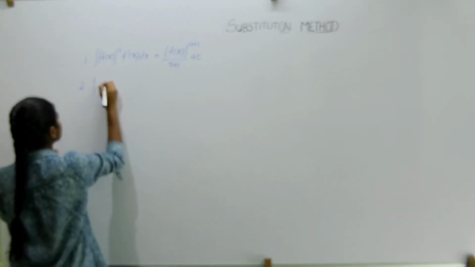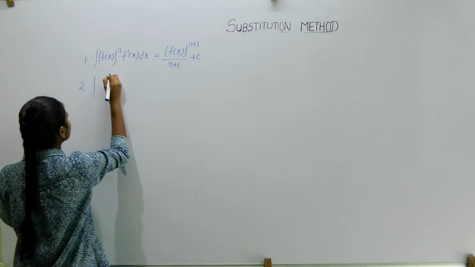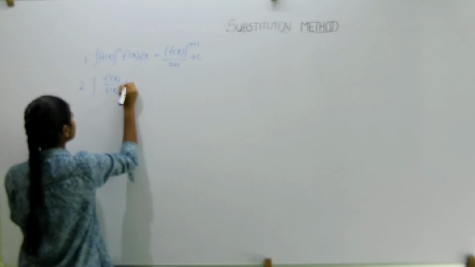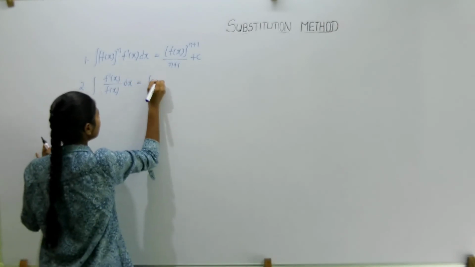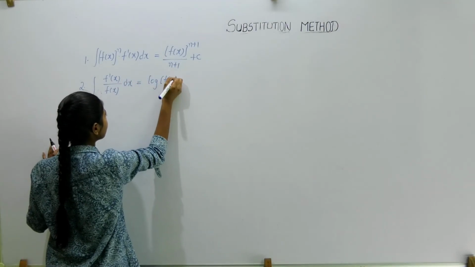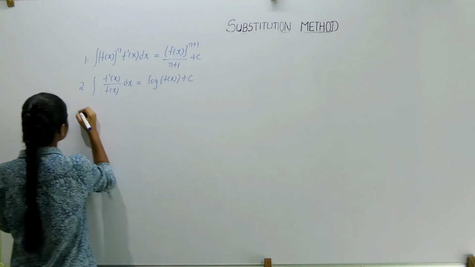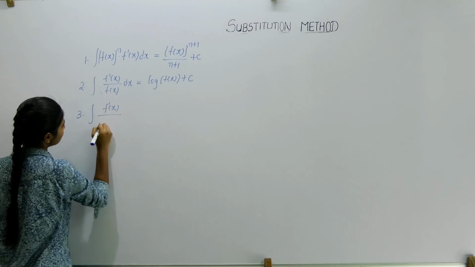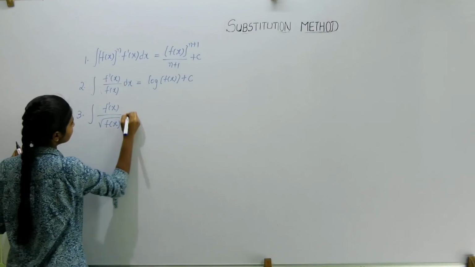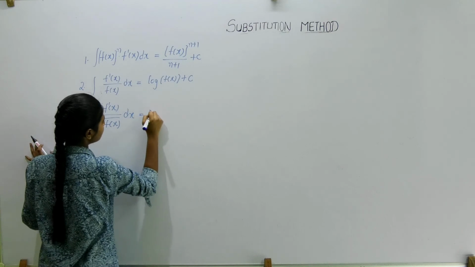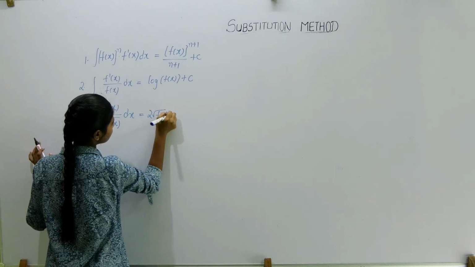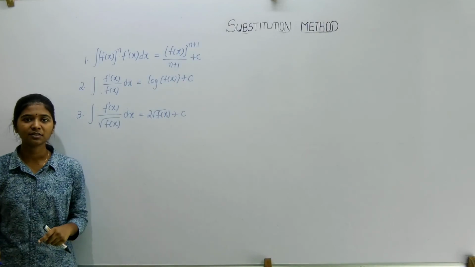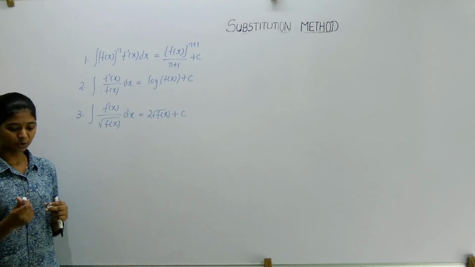Second one, integral f dash of x by f of x dx is equals to log of f of x plus c. Next, third one, integral f dash of x by root of f of x dx is equals to 2 root of f of x plus c. We are going to use these three formulas for the upcoming next list 3 problems.